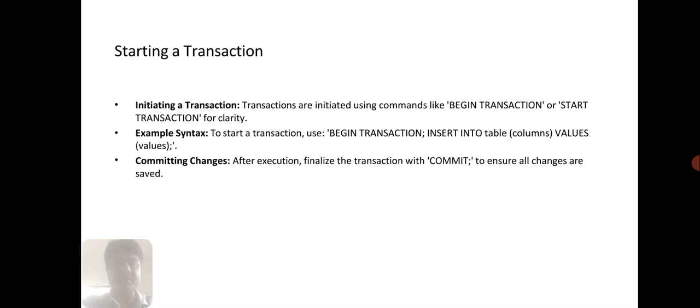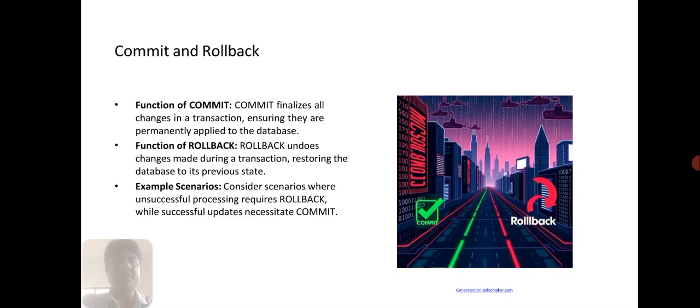And committing changes. COMMIT is the query we use to ensure all the data changes are saved. So this is used for committing changes. Next are the functions of commit and rollback, and example scenarios.